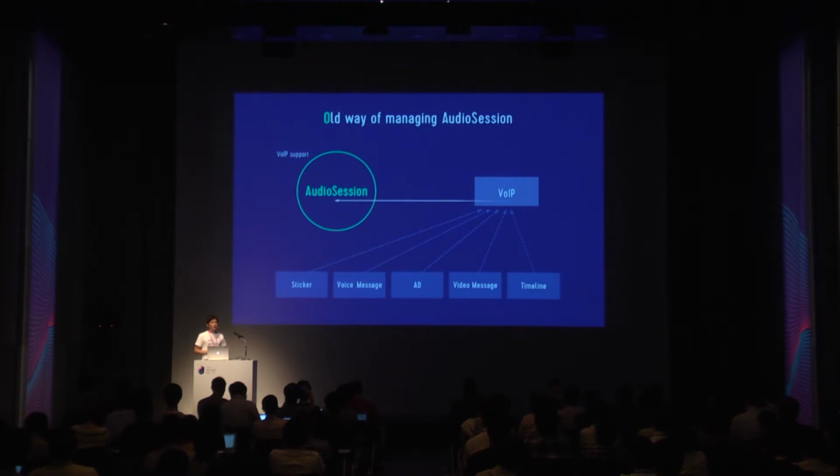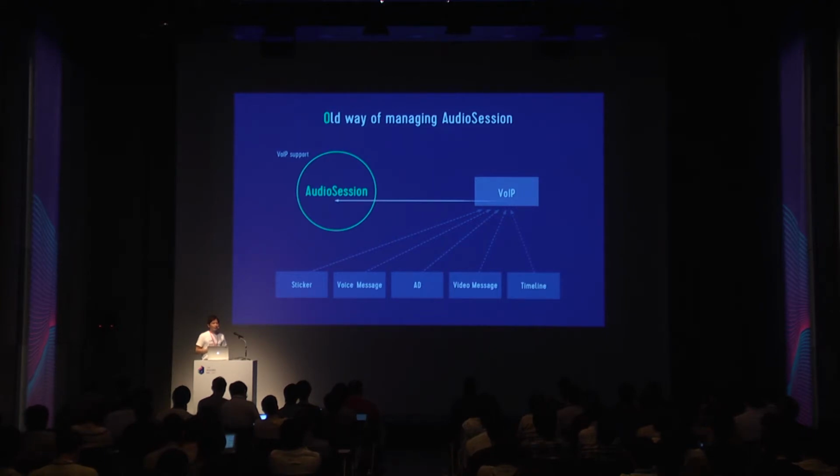And LINE has the important function of VoIP. VoIP also uses audio session. In this case, VoIP is at the top priority. When VoIP is active, the other features cannot change audio session.